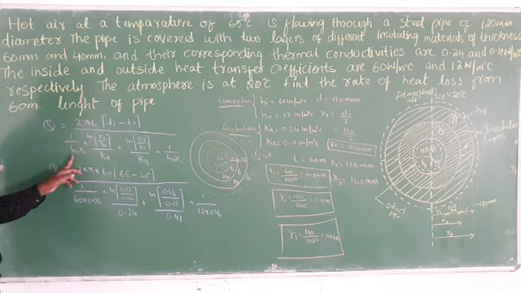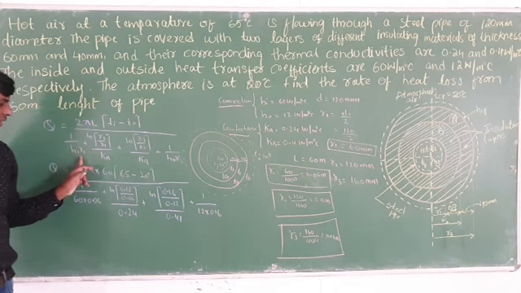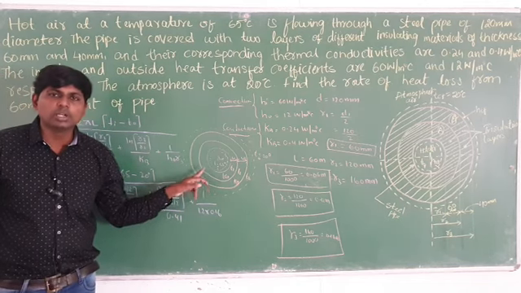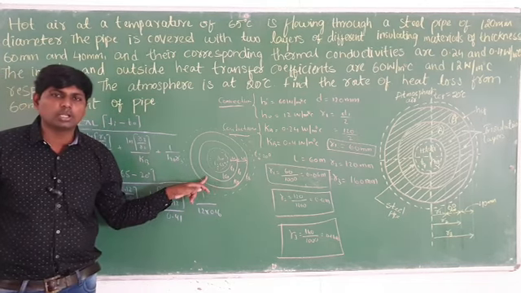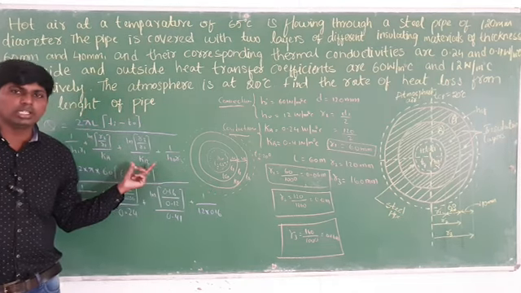After that, 1 by HiRi and 1 by HoRo. This is convection, this is convection. Two materials are in between: the first you name A, the second you name B.